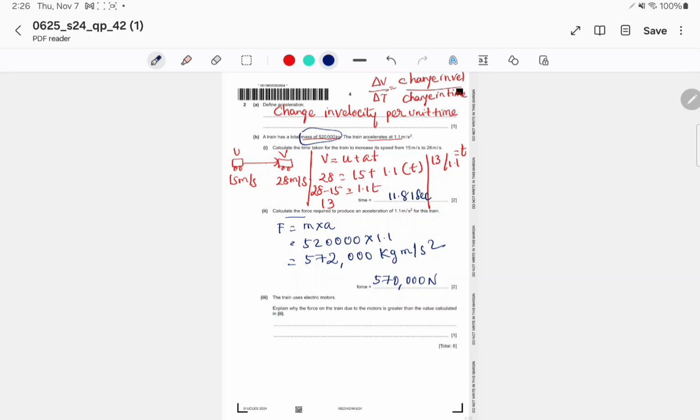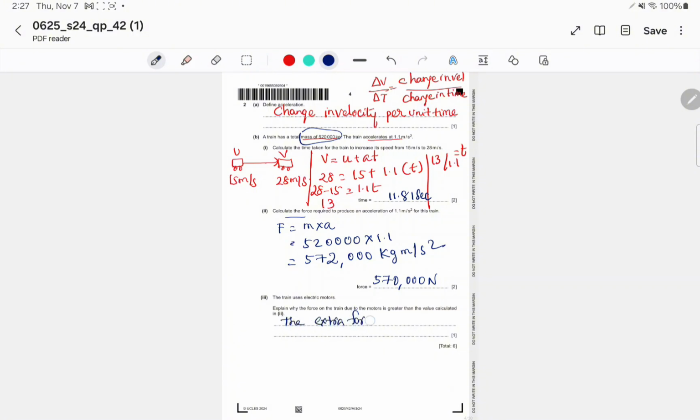Next question. Third, the train uses electric motors. Explain why the force on the train due to the motor is greater than the value calculated here. The force we have to apply on the motor is more because it has to overcome the friction and the air resistance.